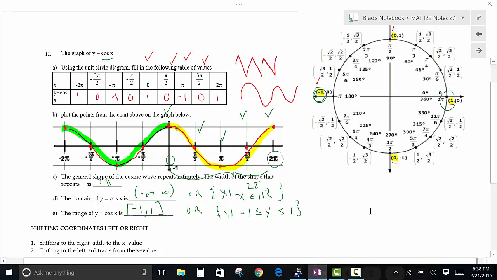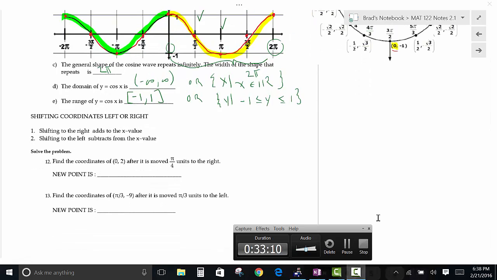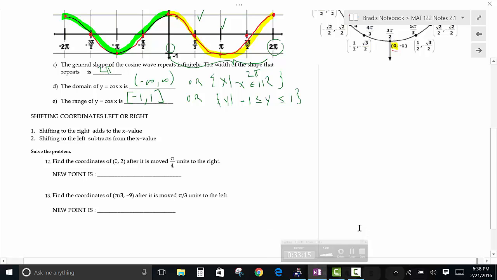Another thing I want to look at is some transformations for a few minutes. Let's say that we have a point 0, 2, and we're shifting pi over 4 to the right. This is stuff that a lot of times you learn in college algebra. If you're shifting something to the right, you're just adding to the x value.